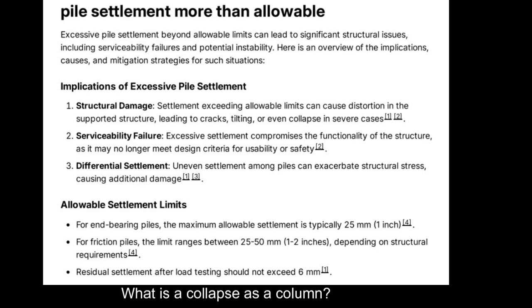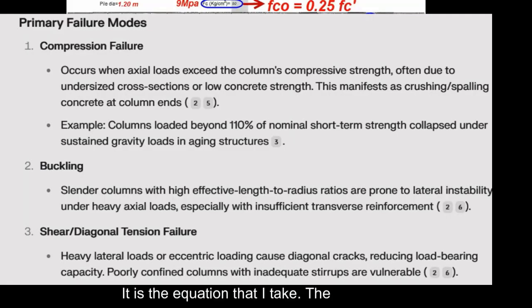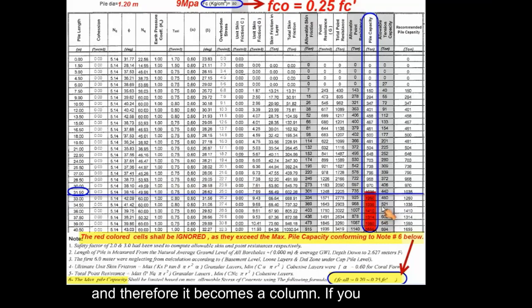What is a collapse as a column? It is the equation where I take the concrete area of the pile multiplied by fco, which we said above is 9 megapascals, which is 0.25 of fc prime equals 35 megapascals. And therefore it becomes a column. If you multiply the 1.2 squared by pi over 4, which is the area of the pile, it will give you a number which is about 1116.